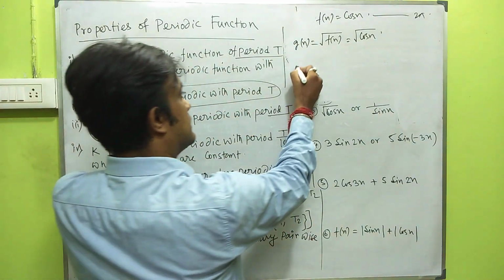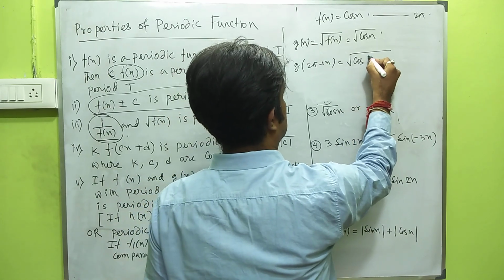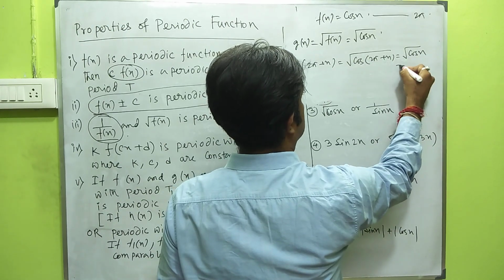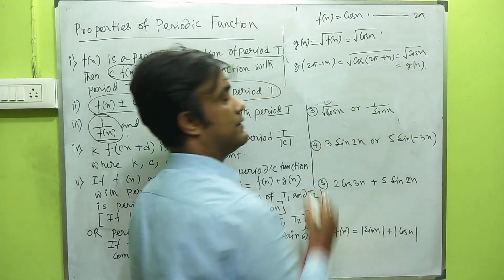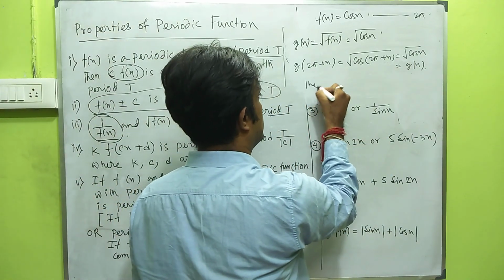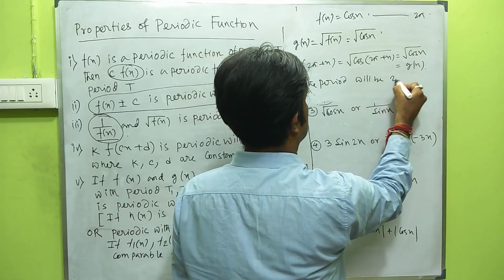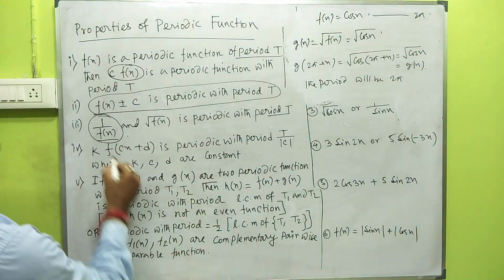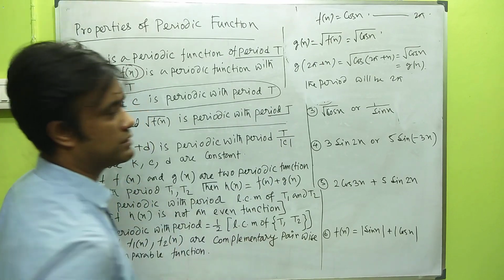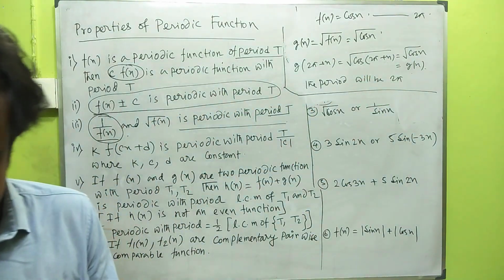Now g of 2 pi plus x is equal to root over cos of 2 pi plus x, which is equal to root over cos x, that is g of x. So it is very obvious that g of 2 pi plus x is equal to g of x, so the period will be 2 pi. Here you see that 1 by f of x and root over f of x are also periodic functions of period t. So we explain this by this example.